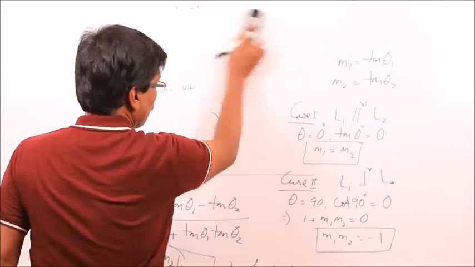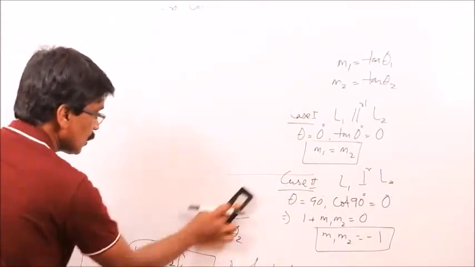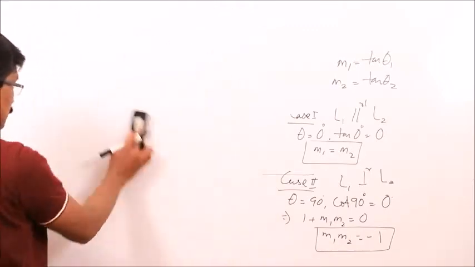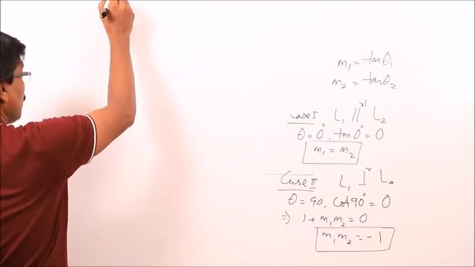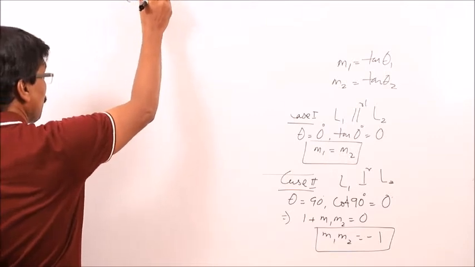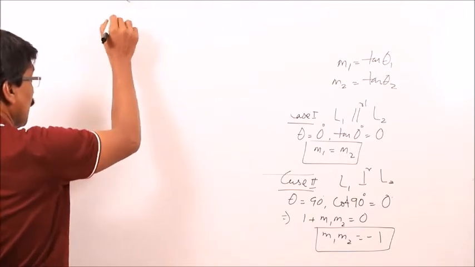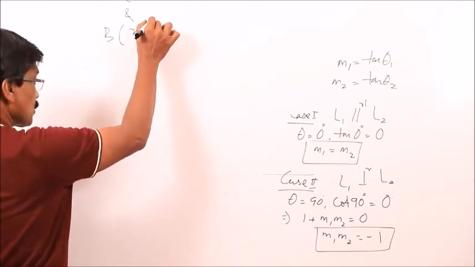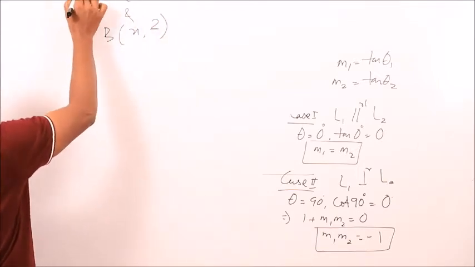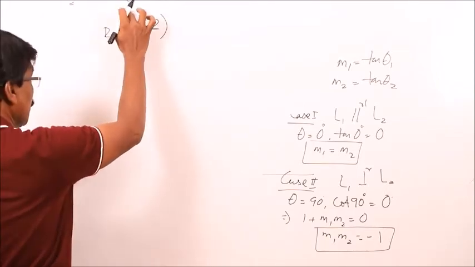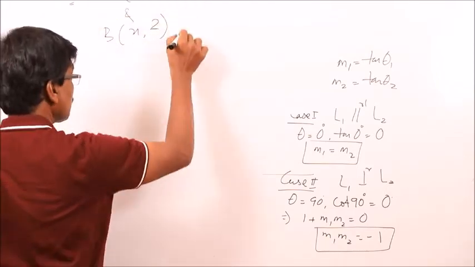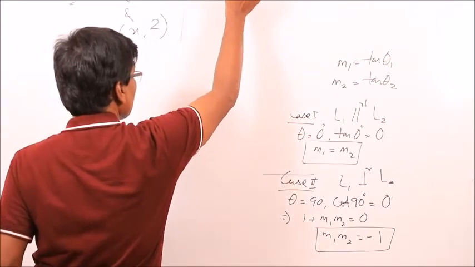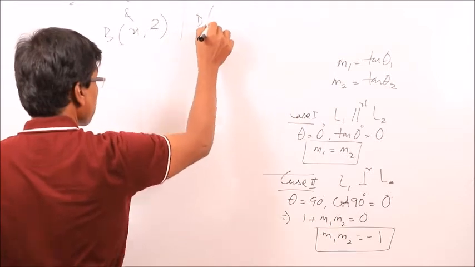So we can take one example. Suppose A point is 4, minus 3 and B point is x, 2. And C point is 4, minus 1 and D is 5, 3.